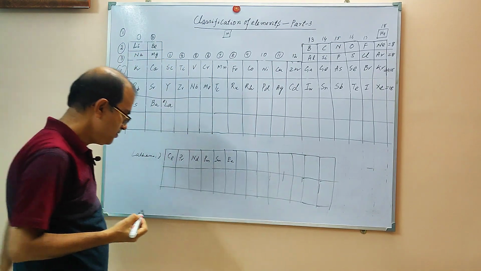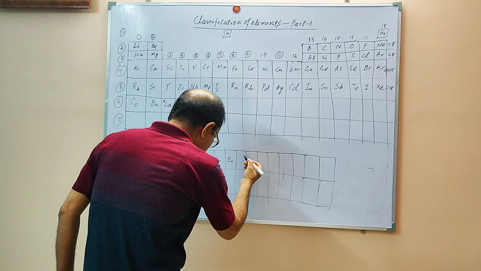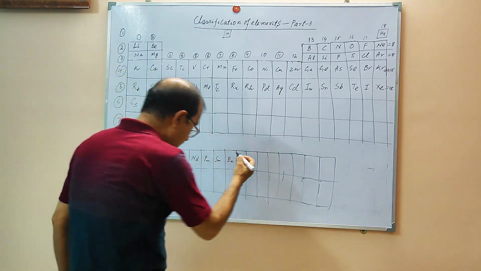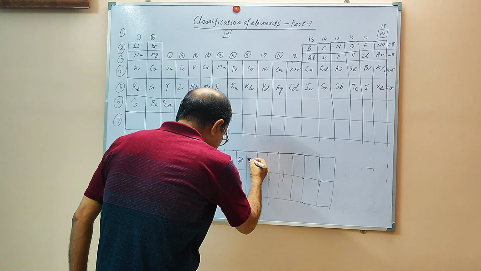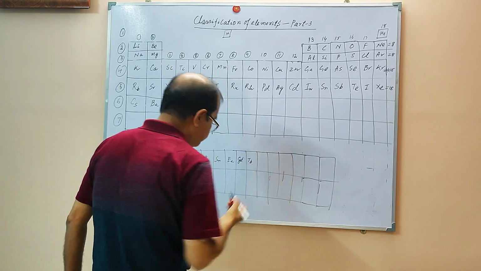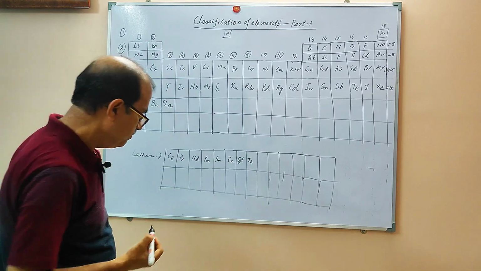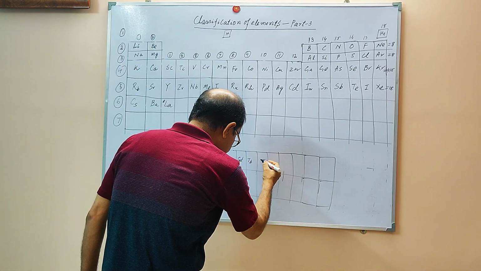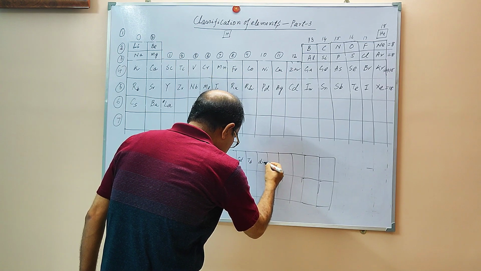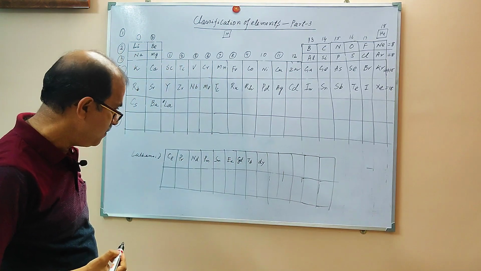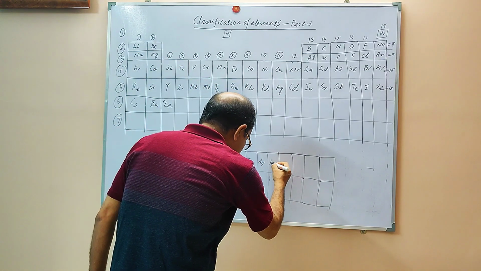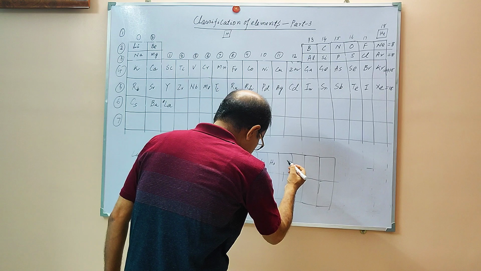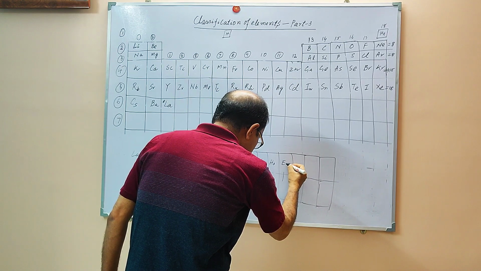Then the next element, gadolinium. After gadolinium, that is terbium, Tb, and the next element is dysprosium, then Ho, then another element, Er.